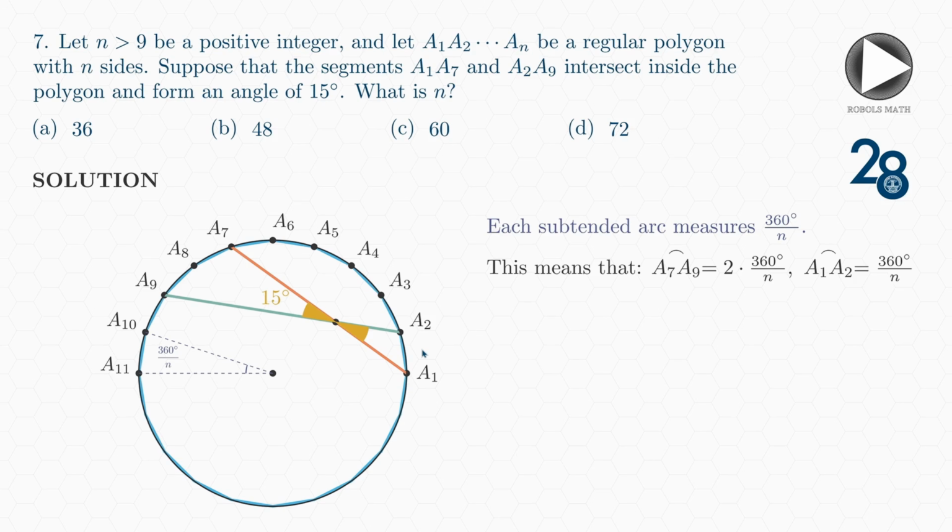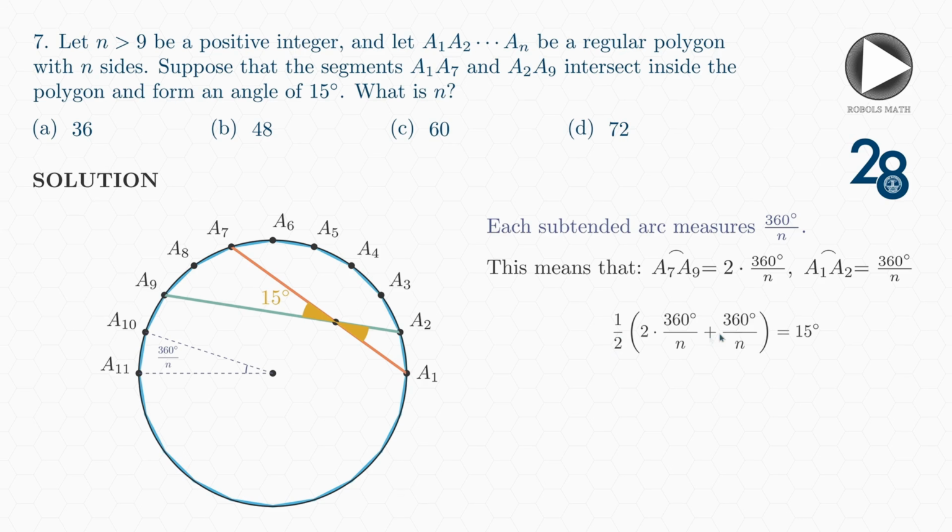From geometry, we know that given two intersecting chords, the measure of the angle here should be equal to half of the sum of the two arcs. So this 15 degrees should be equal to 1/2 of a sub 7 to a sub 9, which is 2 times 360 over n, and then a sub 1 to a sub 2, which is 360 over n.